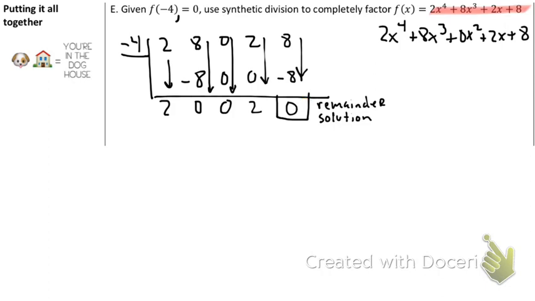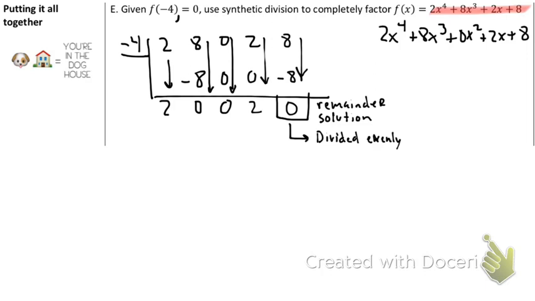Okay, so there's an important concept here. When your remainder or solution is 0, this tells us some special information. That means when you have a remainder of 0 or solution of 0, you have just divided evenly.